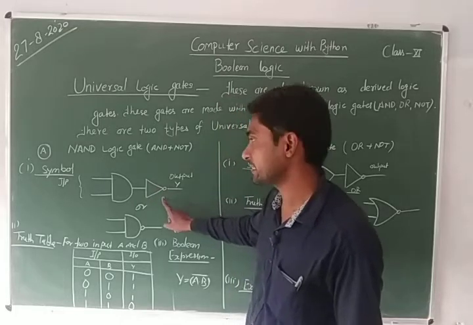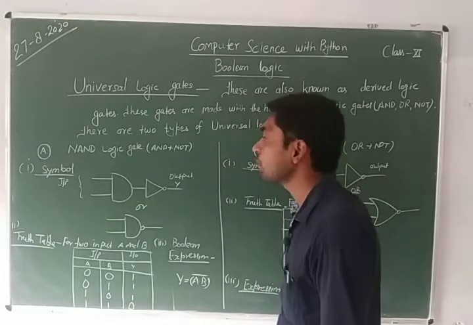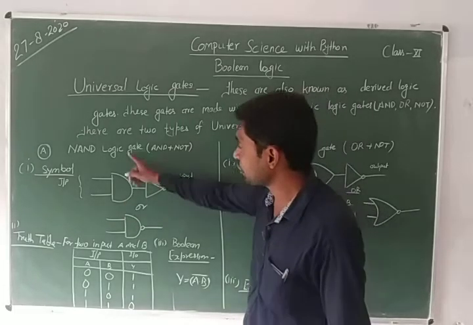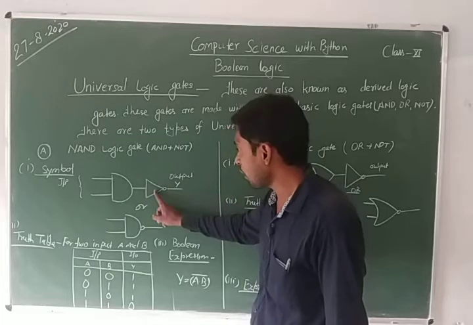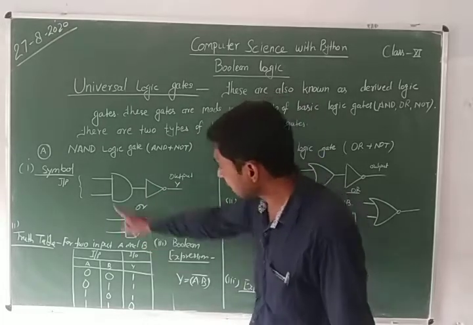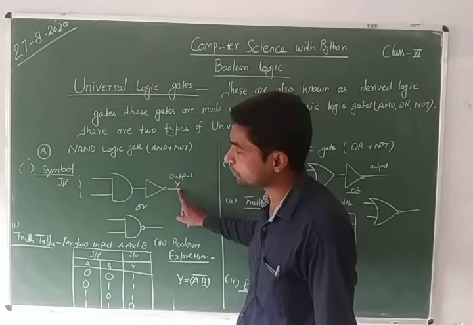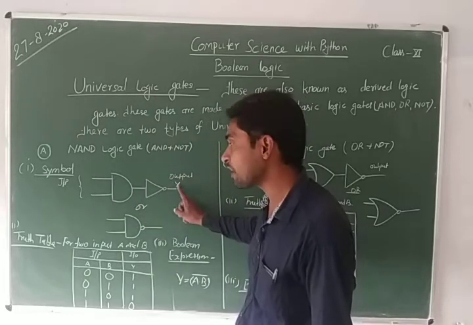We can say it like this. Alright? This is the logic symbol for the NAND logic gate. These are the inputs, and this is the output of the AND gate, and this is the final output of the NAND gate.